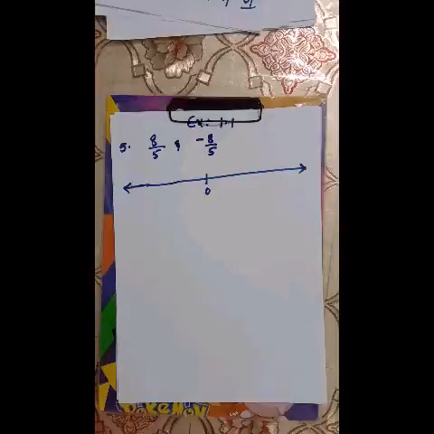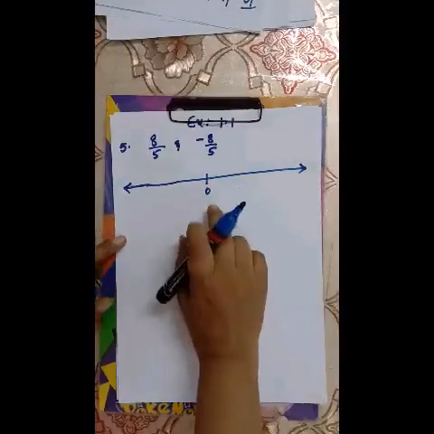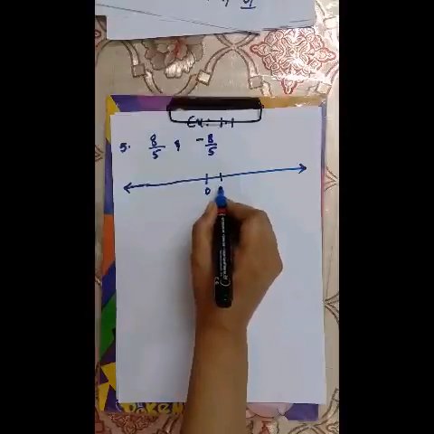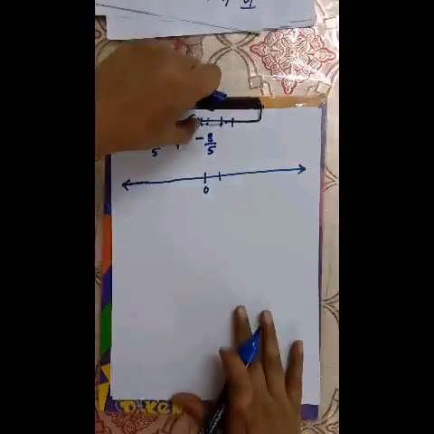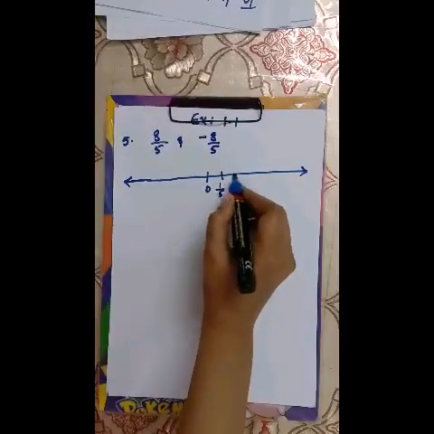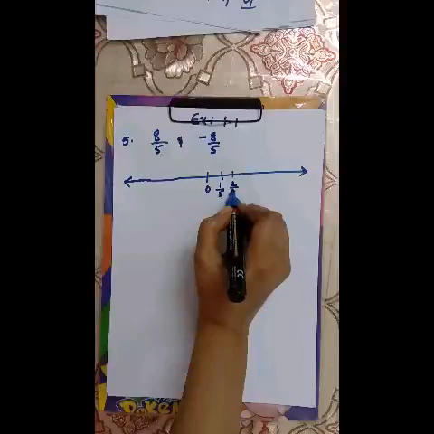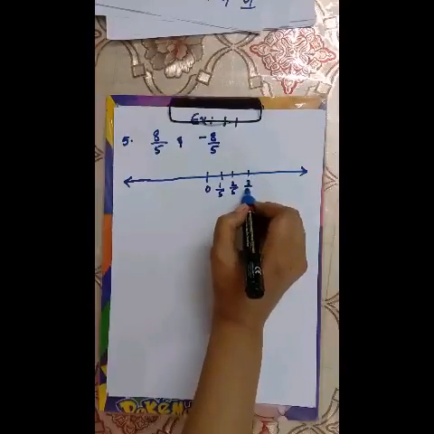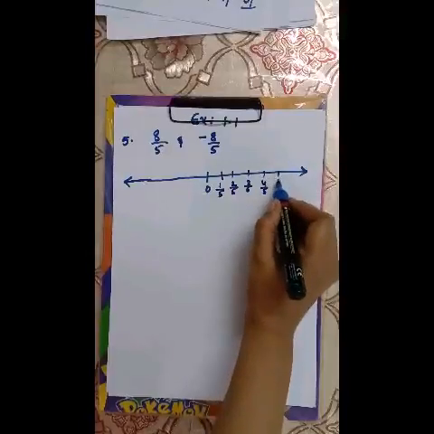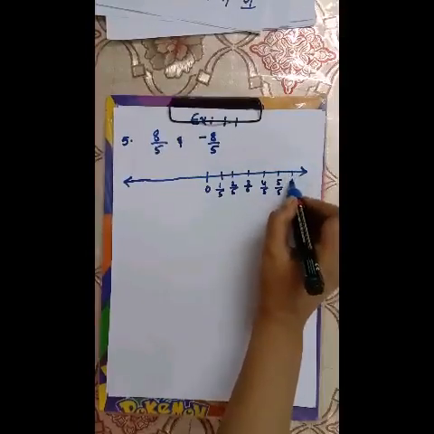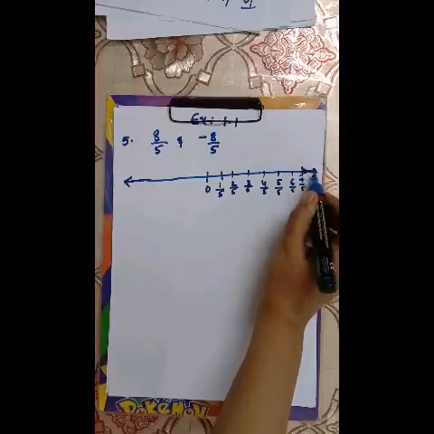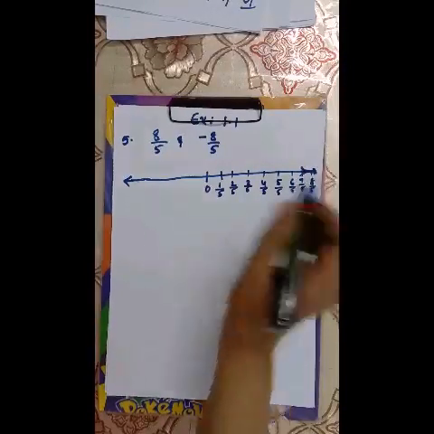It's very simple. Okay, I have marked 0 and after 0 I am writing 1 by 5, 2 by 5, 3 by 5, 4 by 5, 5 by 5, 6 by 5, 7 by 5, 8 by 5.